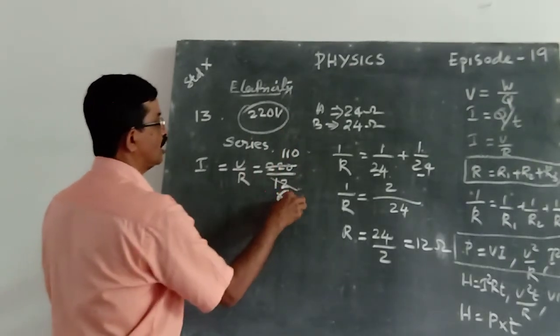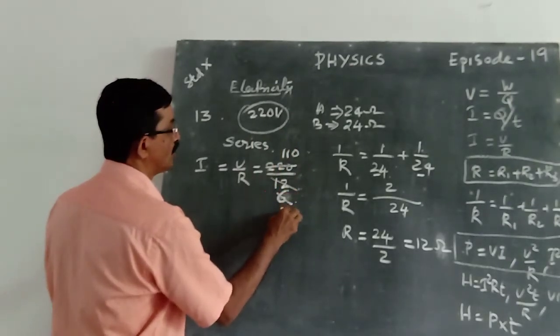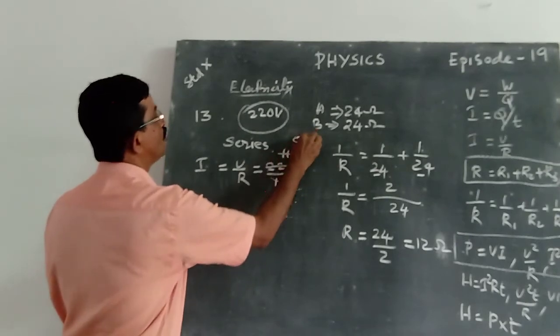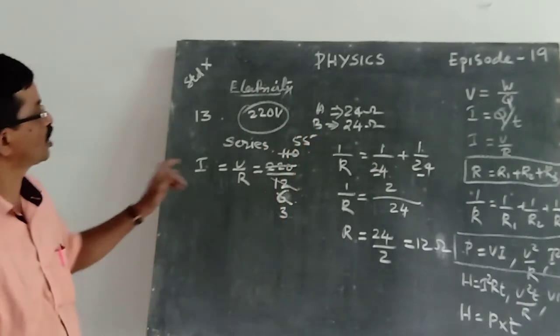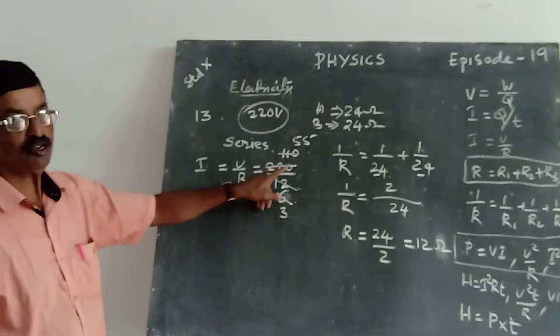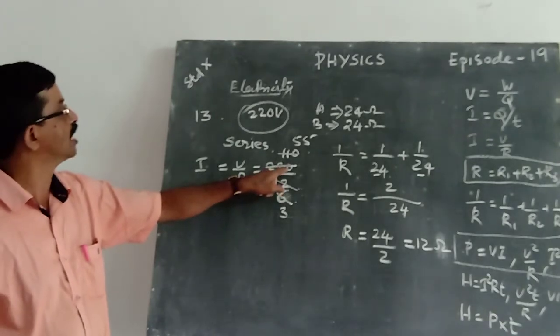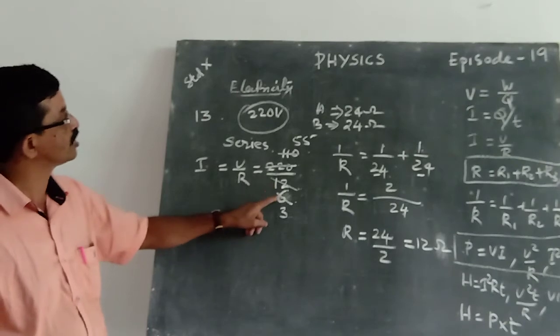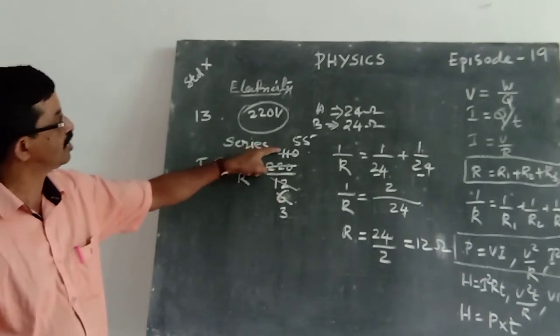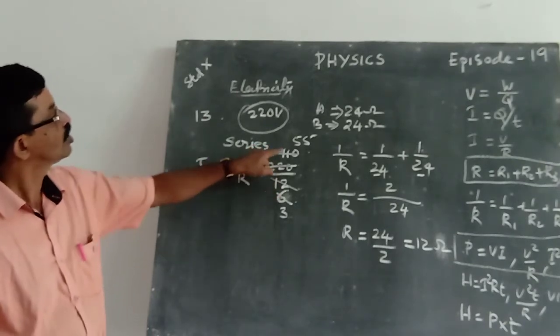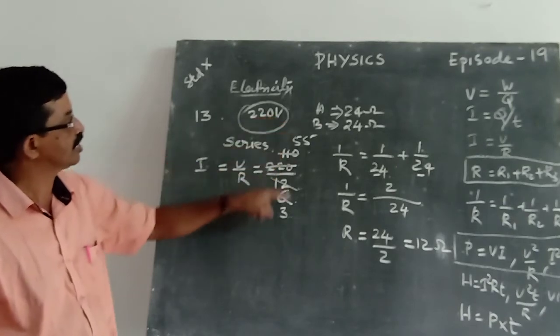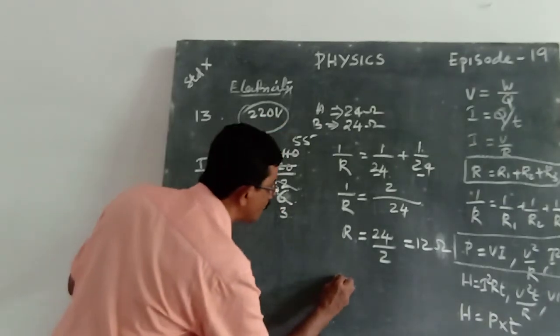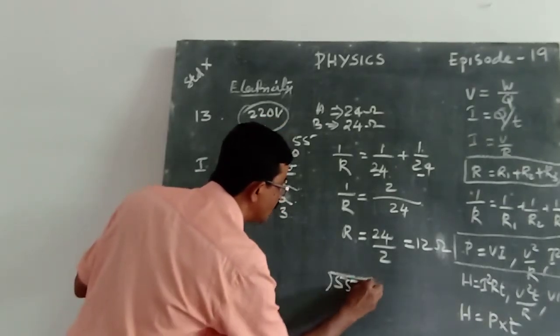Again we can cancel with the 2. Here how much is 3? Here 55. Once again, in 220 we can cancel with the 2, and the 12 also cancels with the 2. Here what we get is 6 and 110. Again we can divide these 2 with the 2. So it will come 55 by 3.